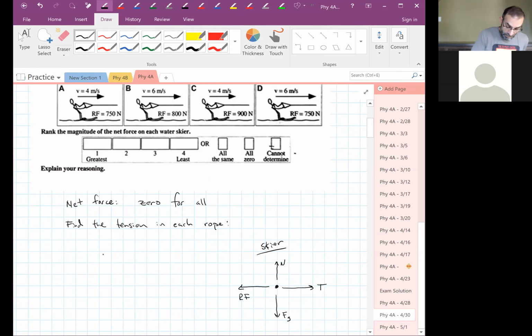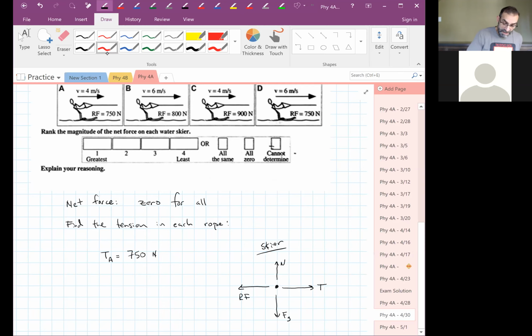So the tension in rope A has to be equal to the resistive force, right?